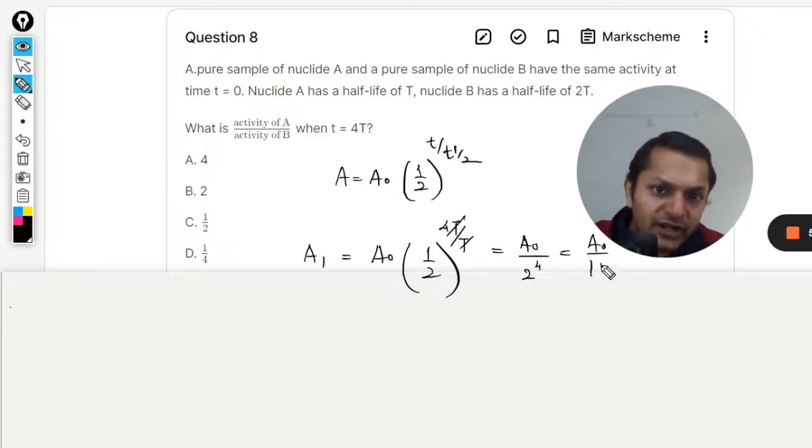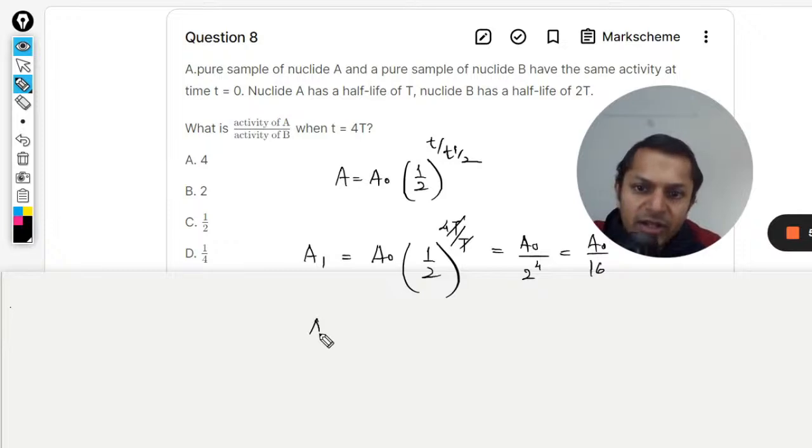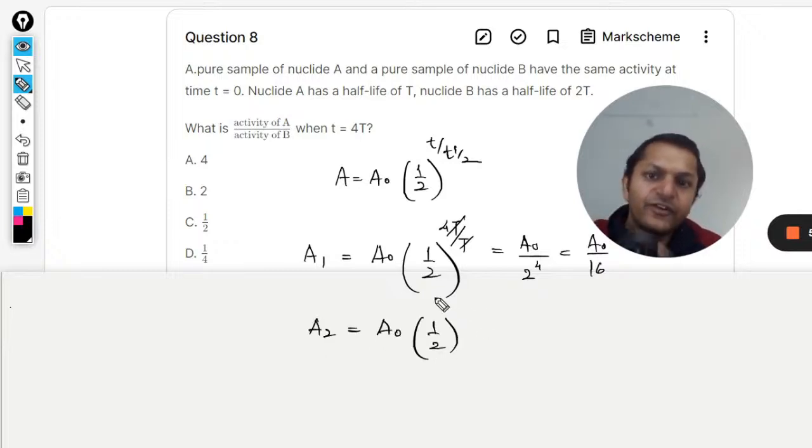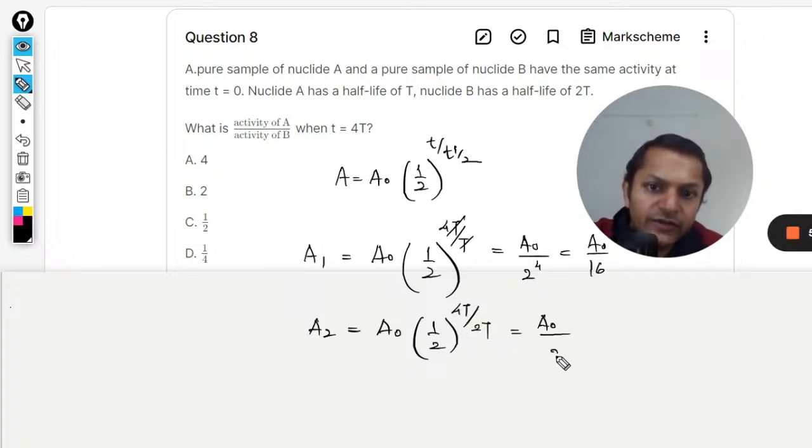So A1 is A naught divided by 16. Similarly, we will find A2, which is A naught times half raised to power 40 divided by 2t, the half-life. So it becomes A naught divided by 2 raised to power 2, which is A naught divided by 4.